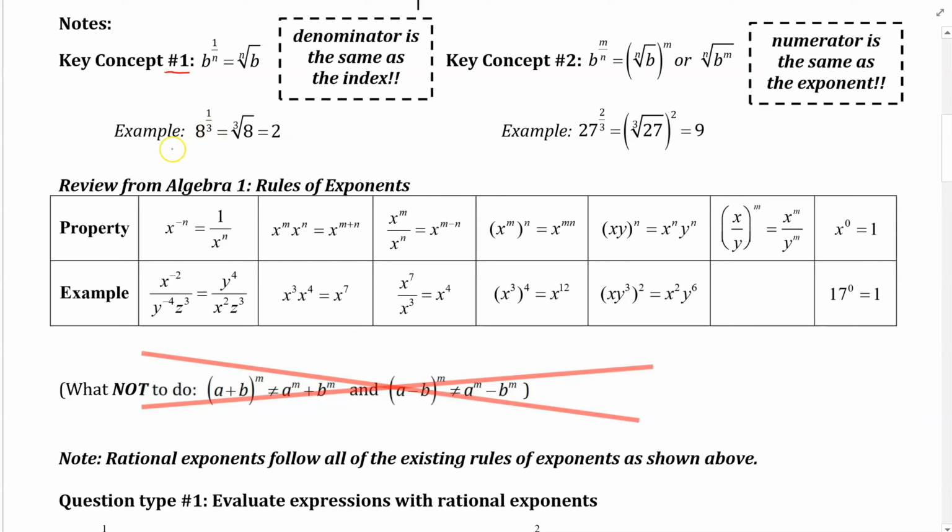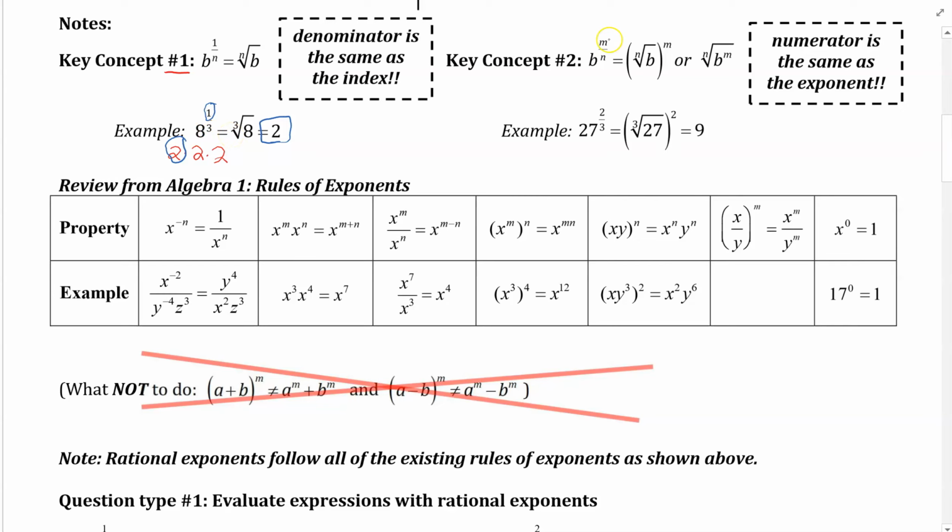According to the video, we would think about what number has to multiply to itself 3 times to equal 8? And then the fact that it's 1/3 means we just take one of those 3 factors, which is 2. But that's basically just a cube root of 8. So a 1 over 3 power is just a cube root of 8.